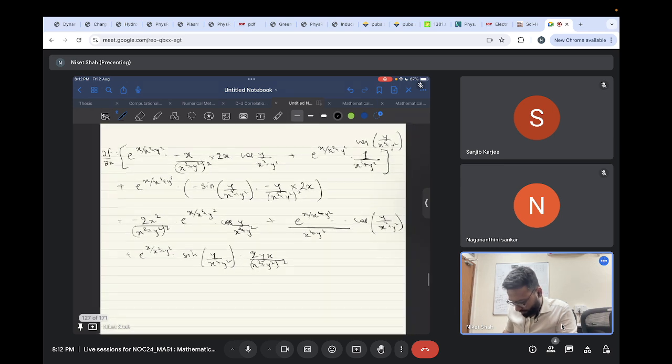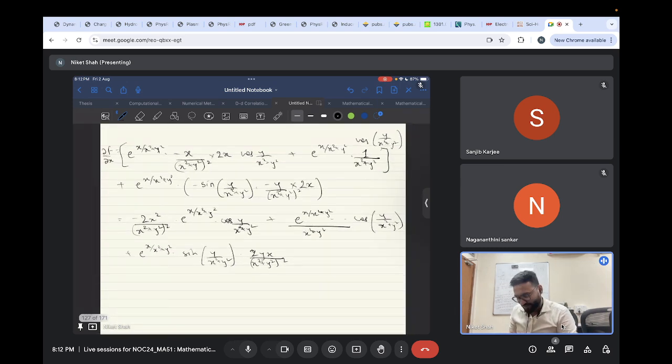Okay, so this is just the simplified version of the first derivative. Now we have to evaluate the second derivative of f only.